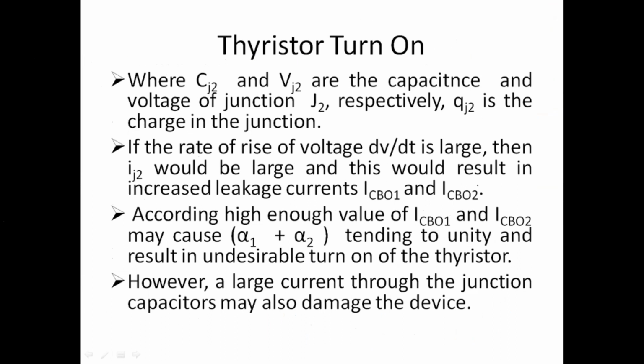This would result in increased leakage currents ICBO1 and ICBO2. First, IJ2 will increase; IJ2 is the current passing through that capacitance. According to your two transistor model, high enough values of ICBO1 and ICBO2 cause alpha 1 and alpha 2 to tend to unity and result in undesirable turn on of the thyristor. However, a large current through the junction capacitor may also damage the device.